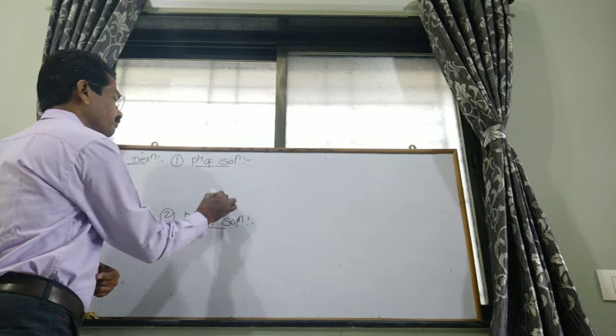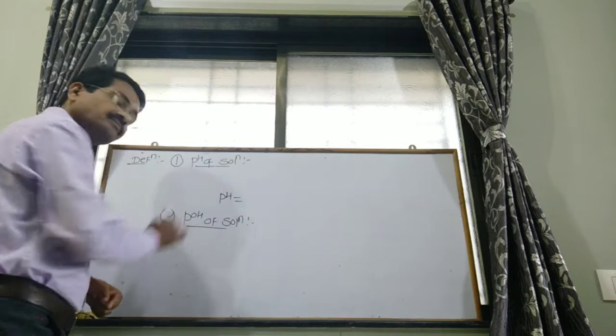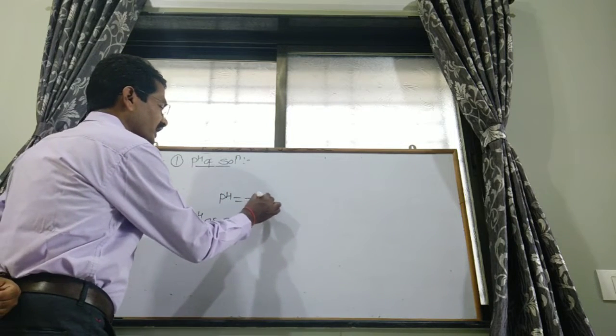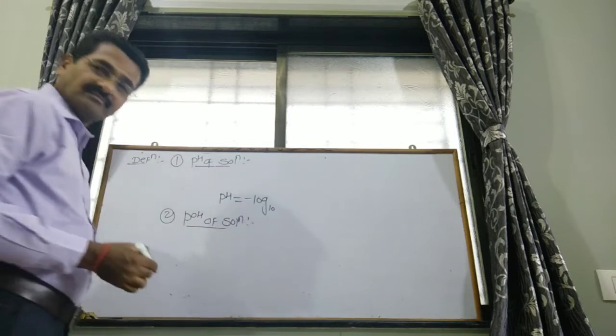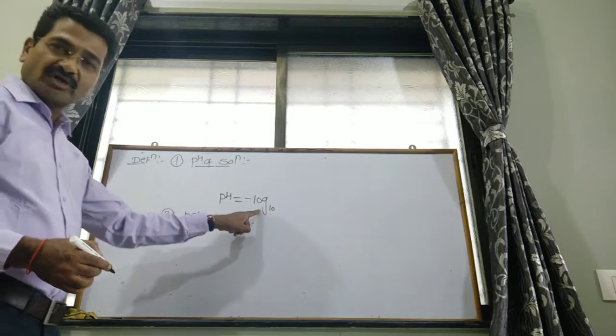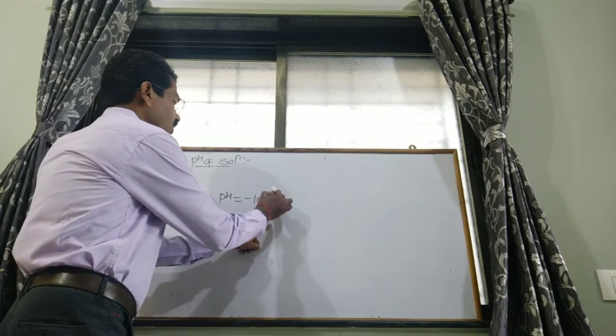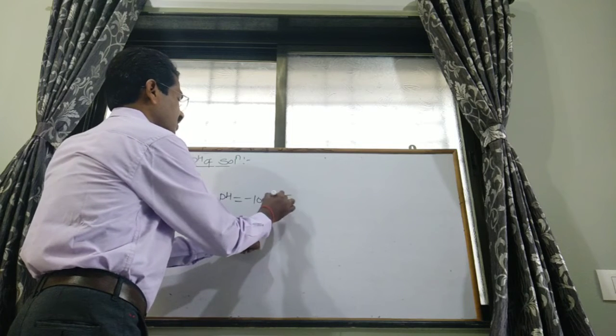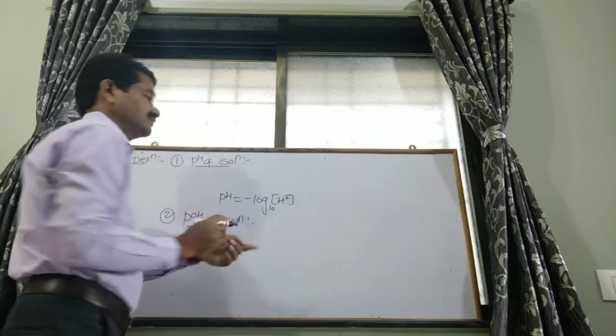pH of solution: pH is equal to negative logarithm to the base 10 of the molar concentration of H plus ion.